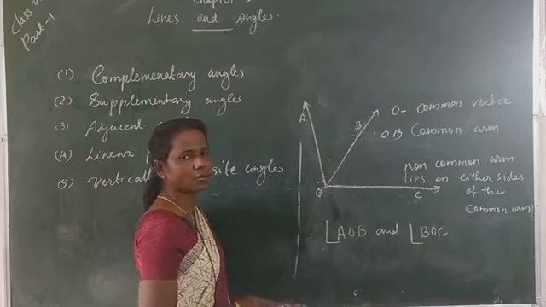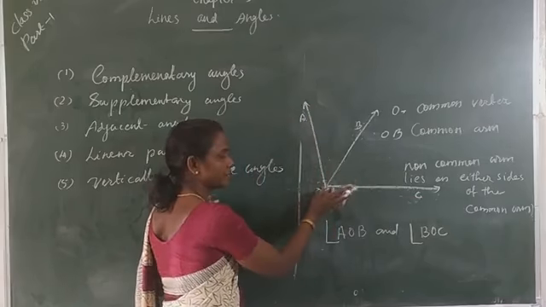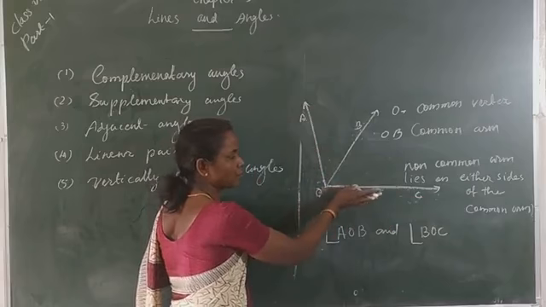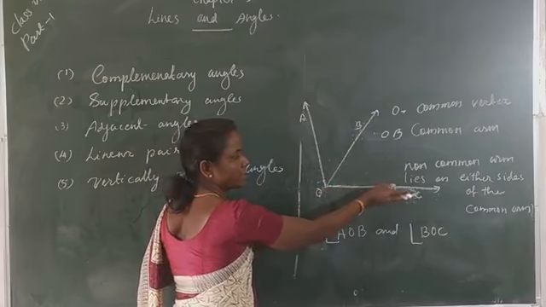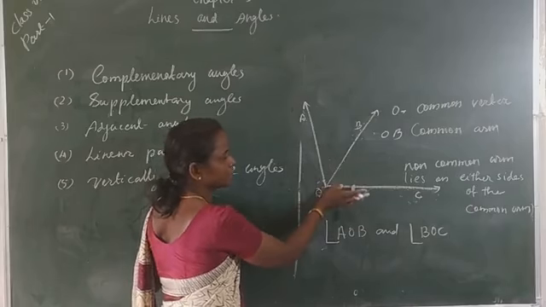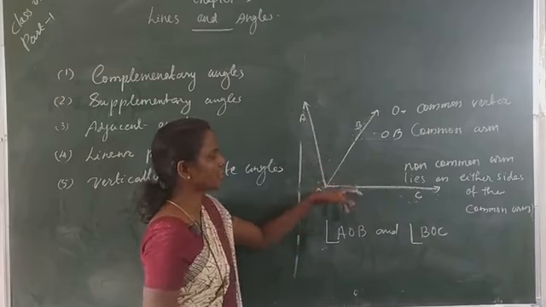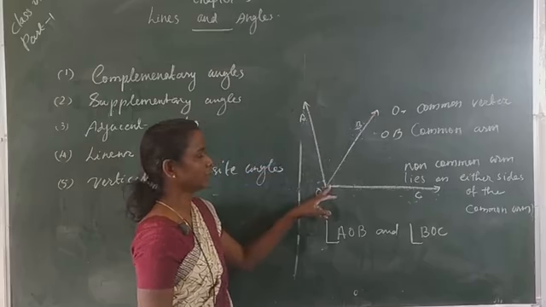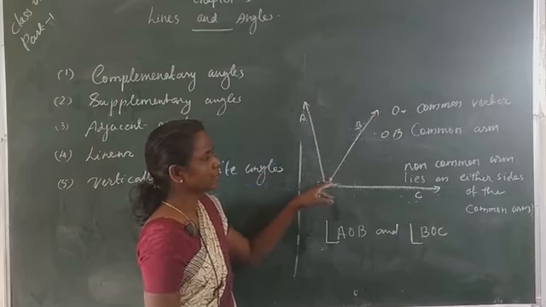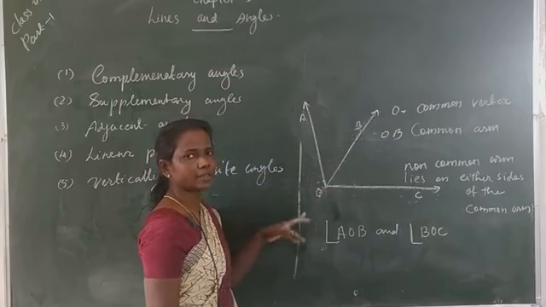And the other non-common arms, OC and OA, are known as non-common arms. They lie on either side of the common arm, meaning opposite sides. Then we can say these two angles are adjacent angles.